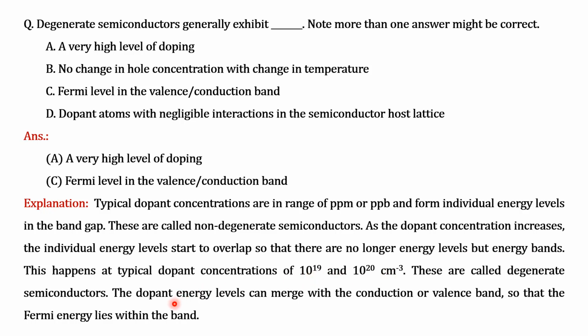The dopant energy level will start merging with the valence band or conduction band, and hence the Fermi level will lie inside the band. That is what happens with degenerate semiconductors, and they behave as metals. So is it clear to you? What about the others? Is it clear?